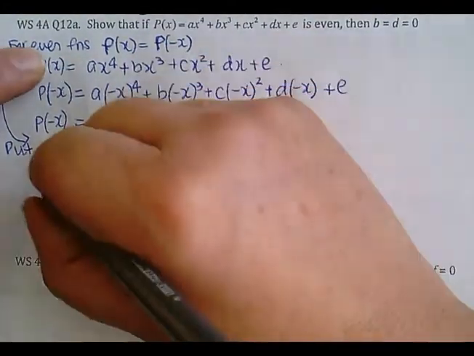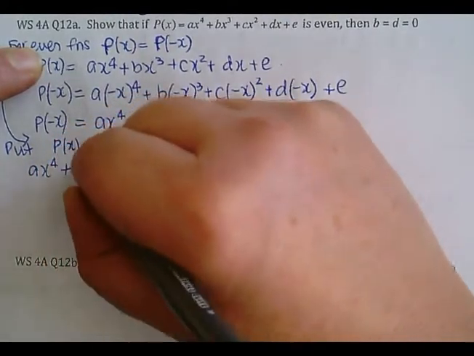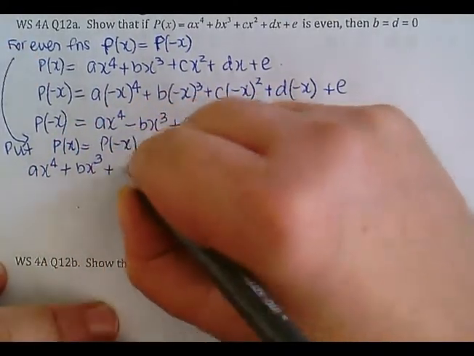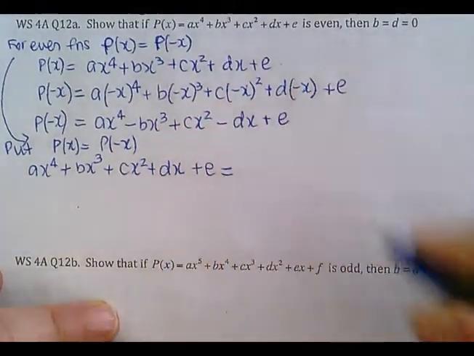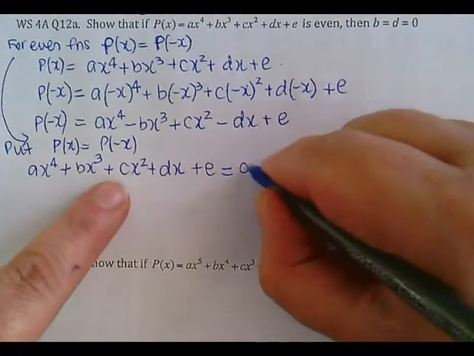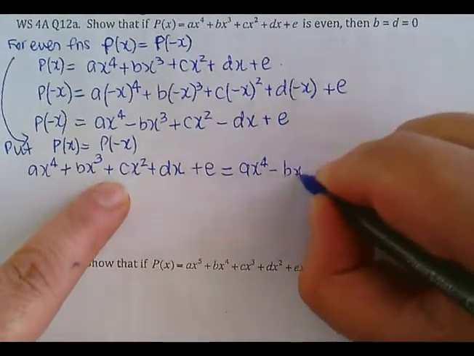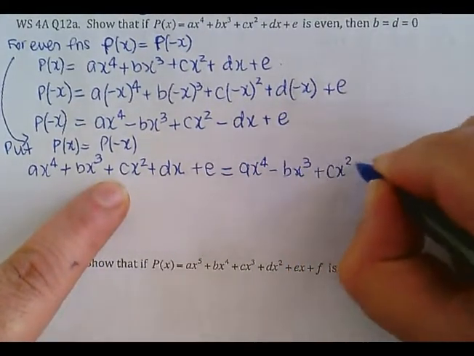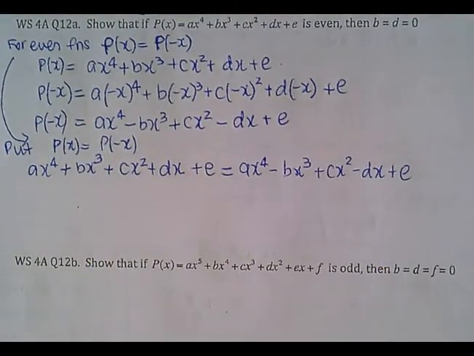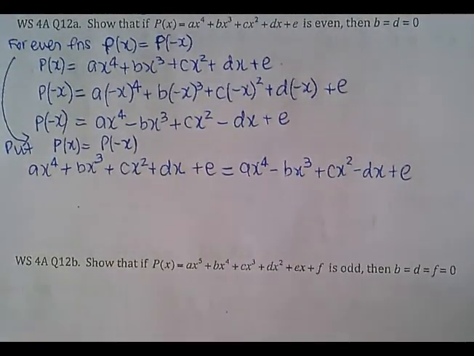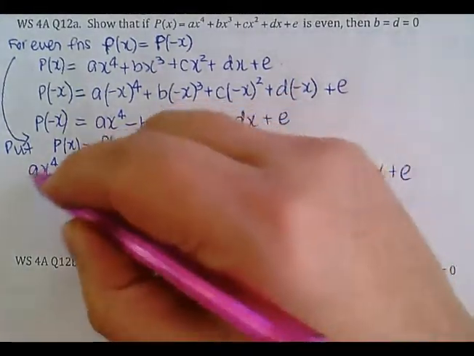So we write ax to the power of 4 plus bx cubed plus cx squared plus dx plus e is equal to ax to the power of 4 minus bx cubed plus cx squared minus dx plus e. And now we solve that. I'm going to take everything over to the left. What will happen with the ax to the 4s? They'll cancel.